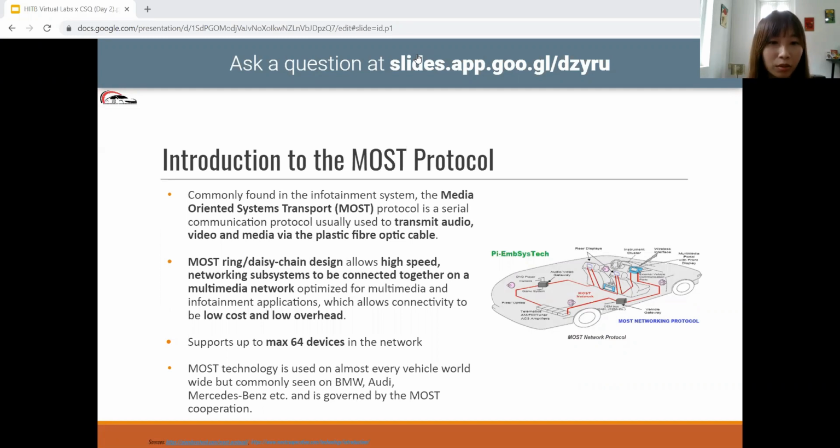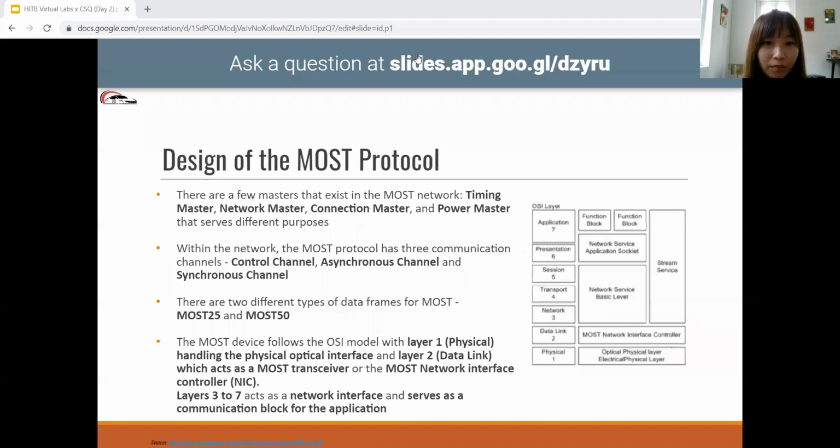Presently, on our test bench, the second test bench, we do see the MOST protocol. MOST protocol is governed by the MOST Corporation. The speed itself is high, about 25 megabits per second or 50 megabits per second. And they also use unshielded twisted pair, not only plastic fiber optic cable.